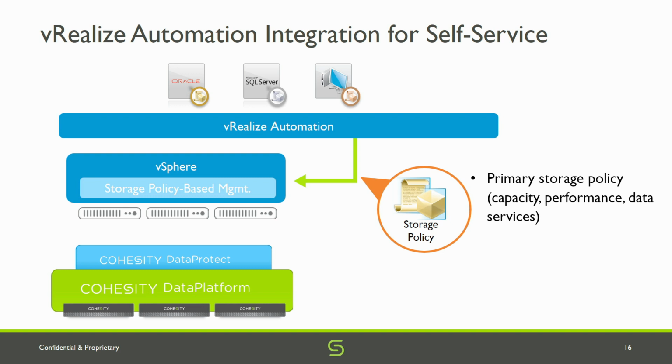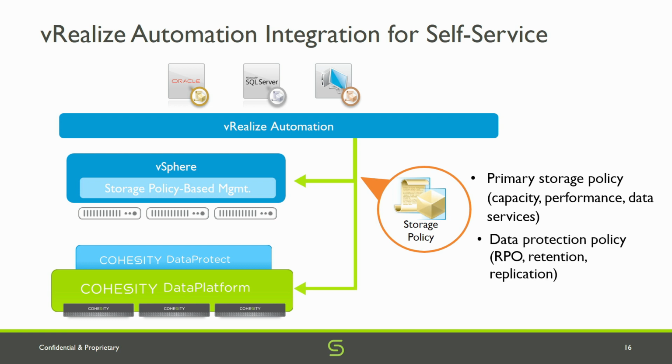You didn't have any policies for secondary storage. What we've done here is extend those policies to also include data protection definitions. So how often do I want to take my backup? What's my RPO going to be? How long do I need to retain those images? What are the replication requirements? What we've done with the VRA plugin is allow you to extend those policies to cover those secondary storage requirements as well.